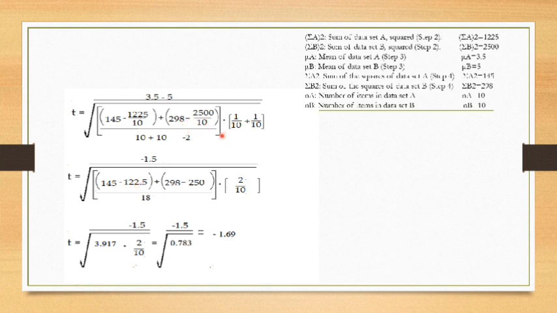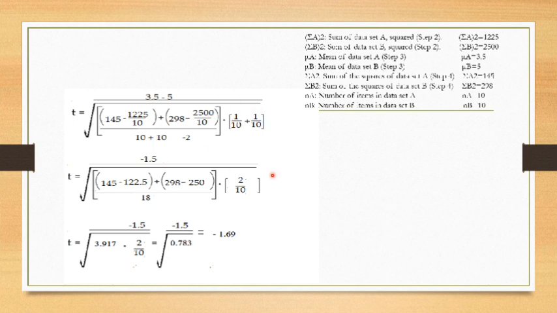The 25 is the sum of data set B, divided by 10, the number of items in data set B, times 1 divided by 10 plus 1 divided by 10.